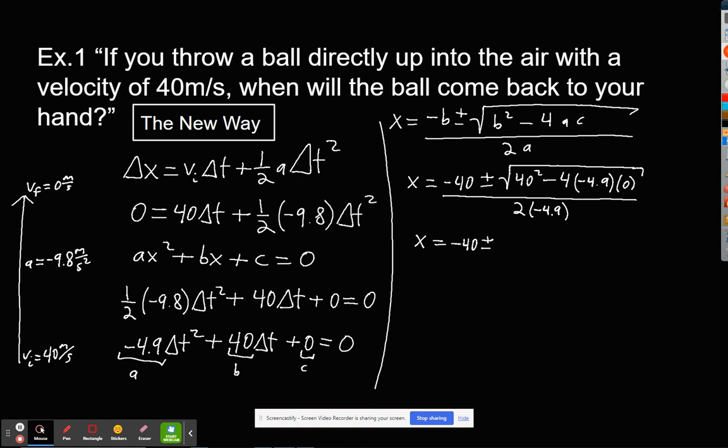Once again, I really only need the square root of 40 squared, since the whole right bit here just goes away. And I suppose, calculator not really needed here, the square root of 40 squared would just be 40. All over 2a, 2 times 4.9, well, we're back to that negative 9.8.